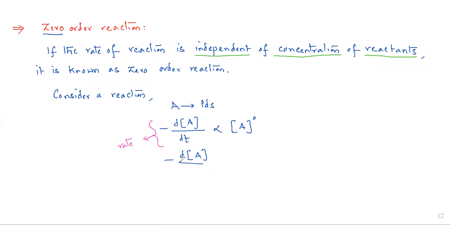Now removing the proportionality, we can write a constant K0 into A power 0. Of course, A power 0 is 1.